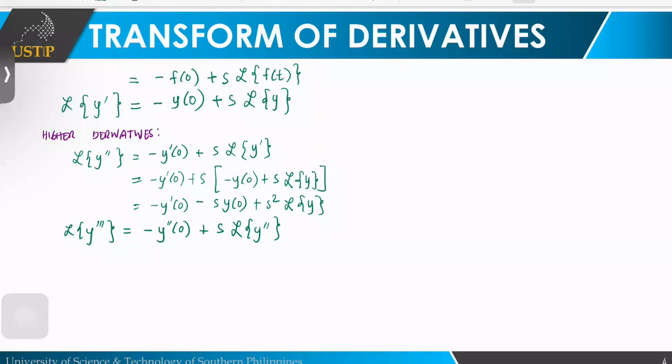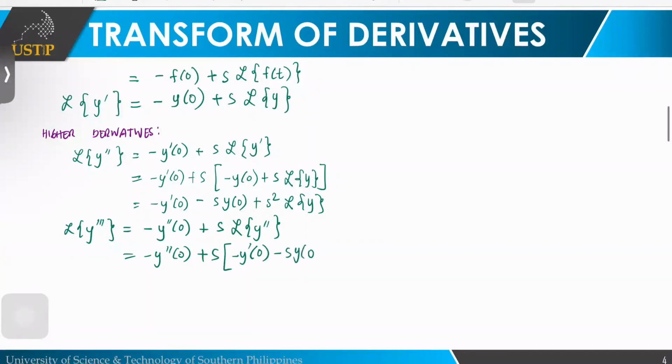And then, substitute nato ning value ani. Kani siya. Alright, so that is negative y double prime of 0 plus s multiplied by negative y prime of 0 minus s y of 0 plus s squared Laplace transform of y. Okay, we simplify that class.